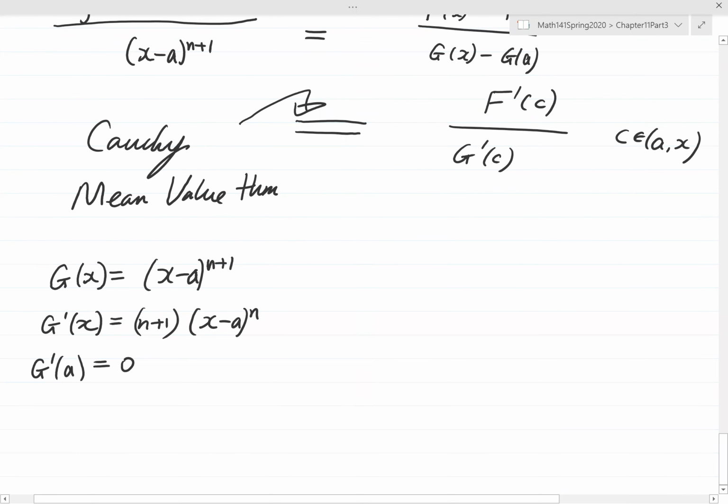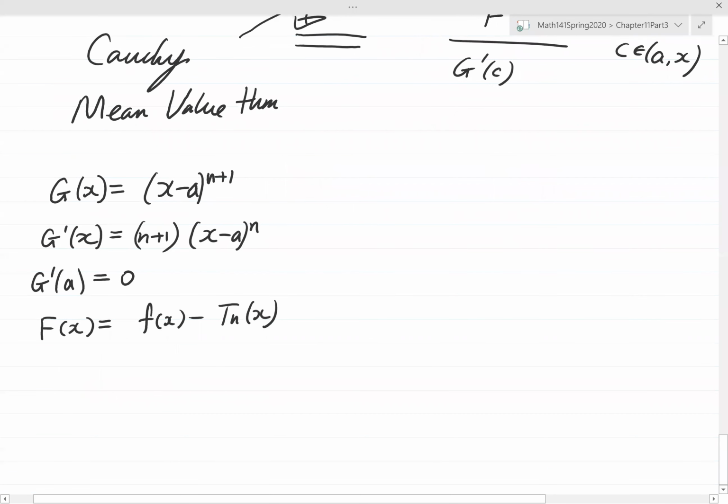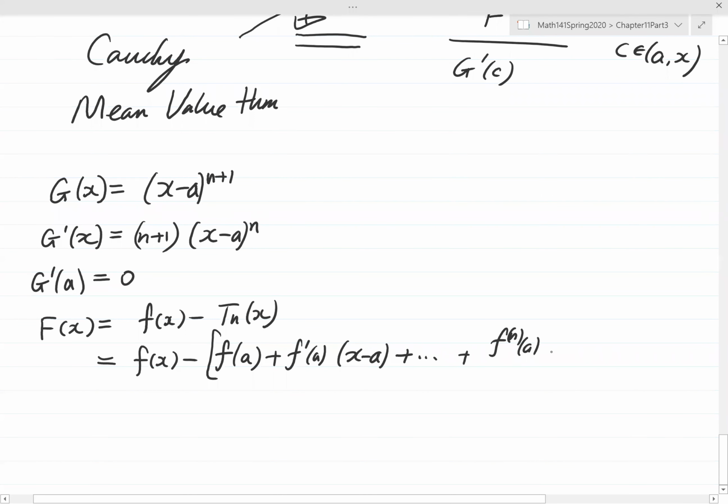Now capital F is little f minus the Taylor polynomial: f(x) minus [f(a) plus f'(a)(x minus a), etc., plus the nth derivative of f at a times (x minus a) to the power n over n factorial].